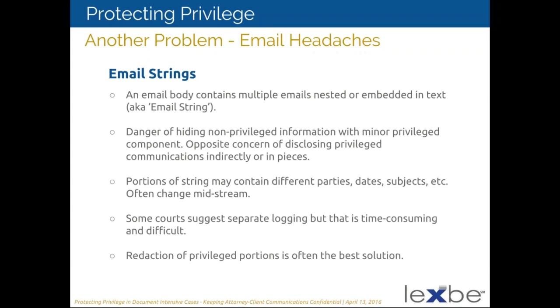One solution that we recommend, that we see more and more of, is to go in on these mixed email strings, redact out the privileged portions, and then produce the non-privileged portions. And this really can't be subject to much criticism, and is a best practice.